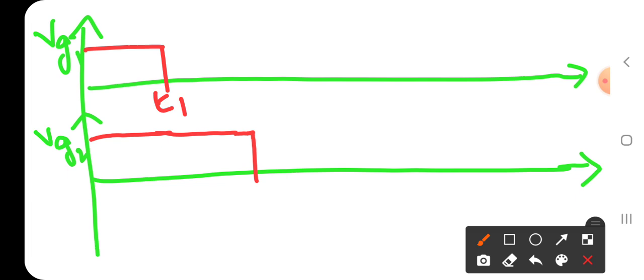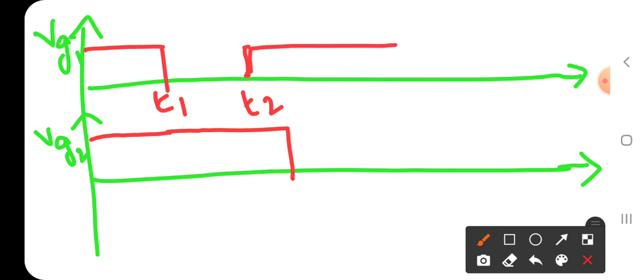At T equal to T2, again chopper 2 is turned on. At T3, chopper 1 is turned off.